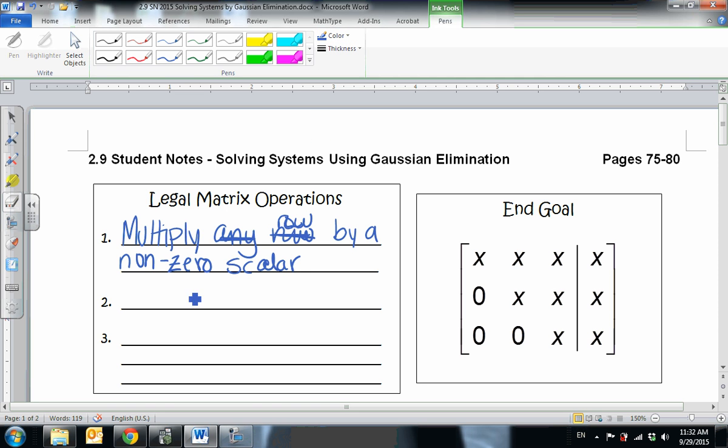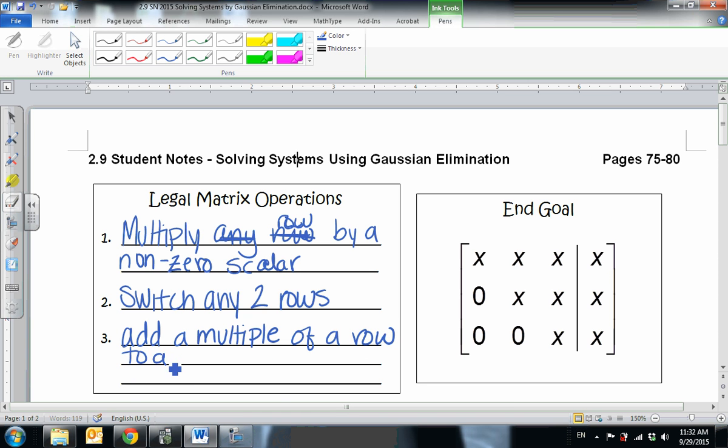Your next option is to switch any two rows. That's a legal operation. And your third option is to add a multiple of a row to another row to obtain a new row.